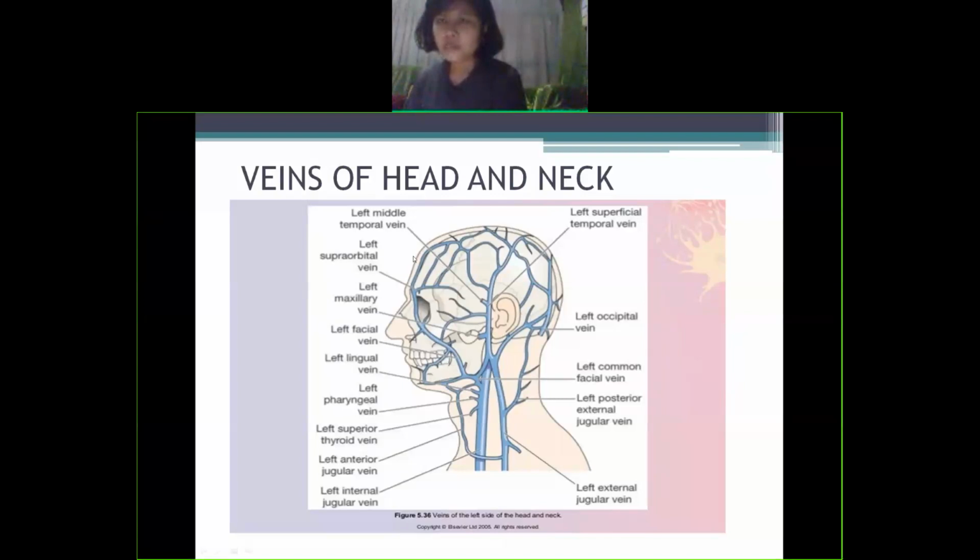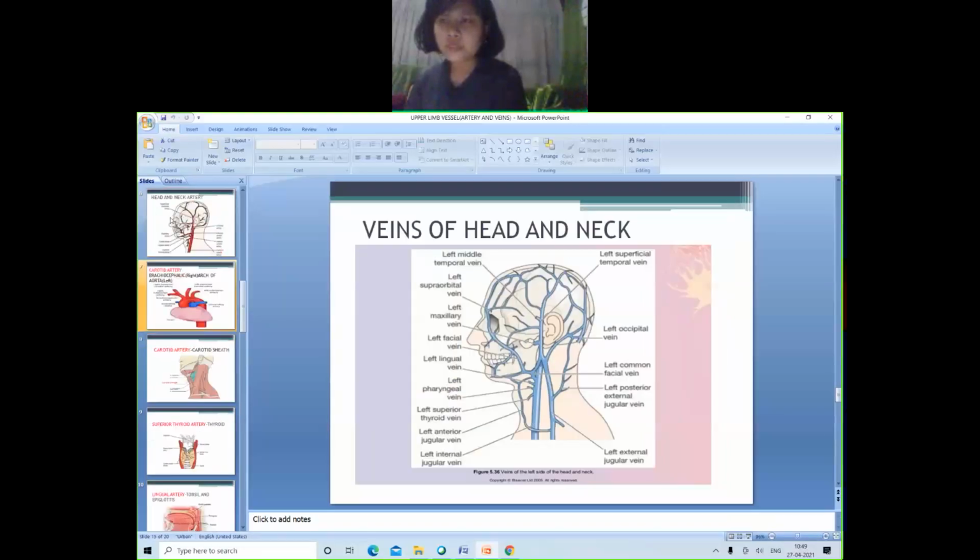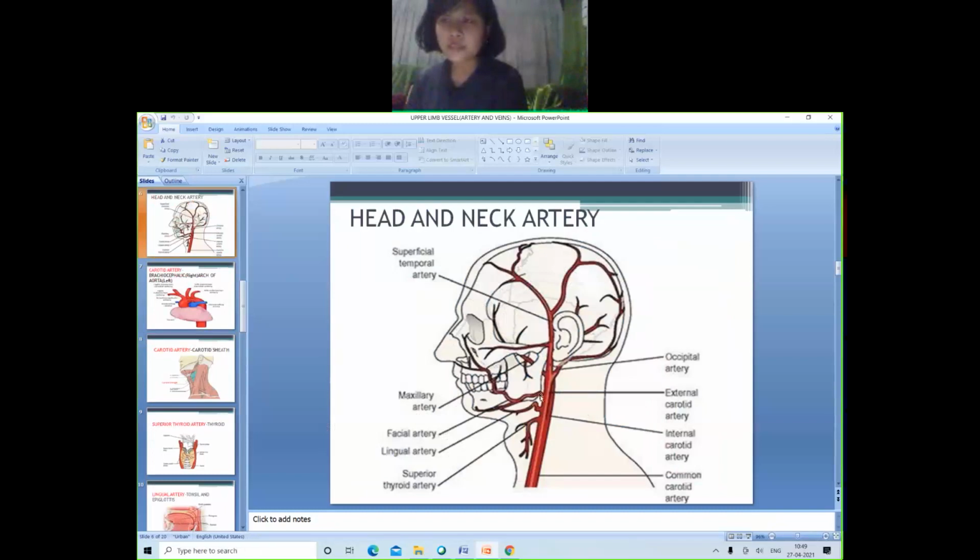So the superficial veins form the branches of the external carotid artery. Let me show you. This is the external carotid artery. So with the help of this external carotid artery, what happens?